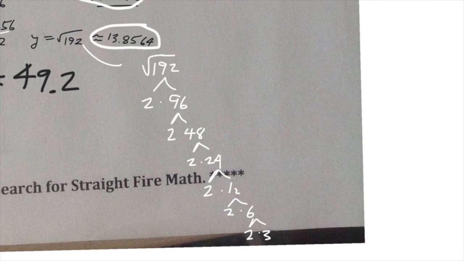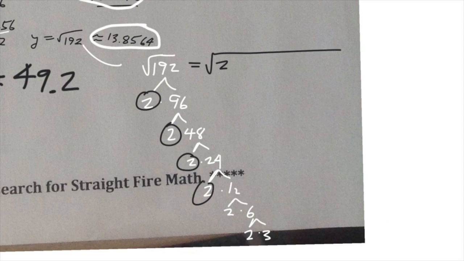So this one would end up looking like 2 times 2, 2, 2, 2, 2, altogether 6 2's, and a 3. For every 2, 1 comes out.